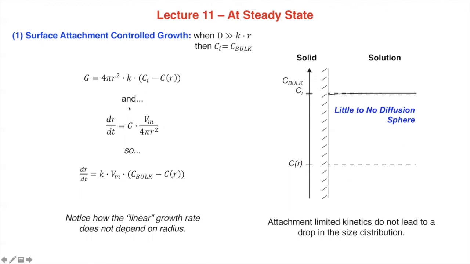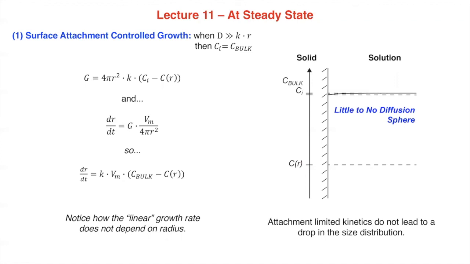Okay, and then the linear growth rate under those conditions is just this G times these geometric terms, and you end up with something that's really all about the concentration and the rate constant for attachment. Notice no radius dependent term here. Okay, this is all about attachment kinetics.